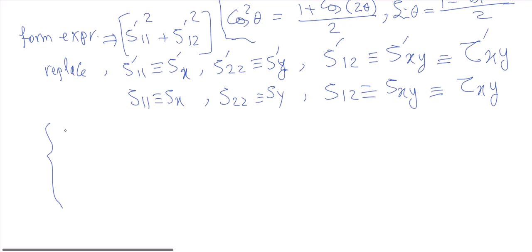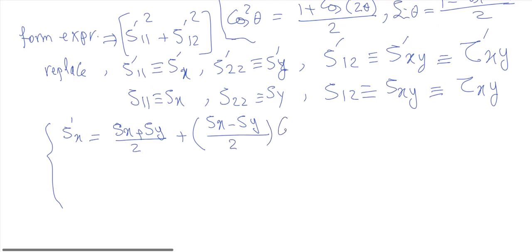If you do that, then you will get a set of equations that I write here, which is s prime x is (sx plus sy) divided by 2 plus (sx minus sy) divided by 2 cosine 2 theta plus sxy sine 2 theta.